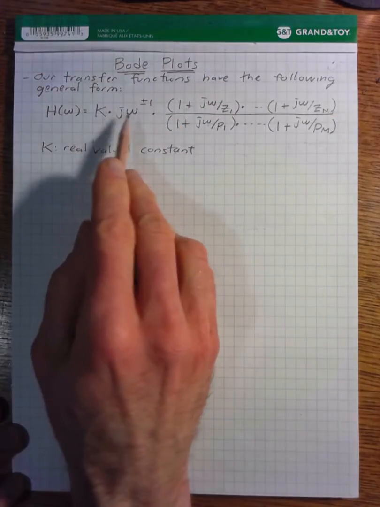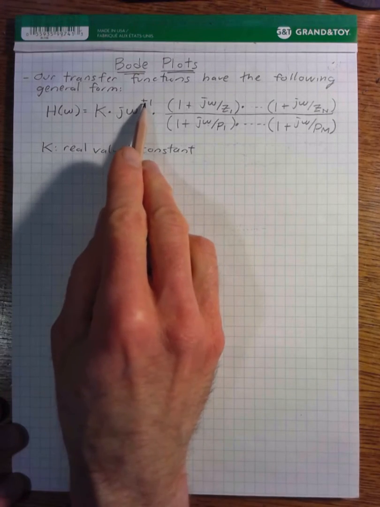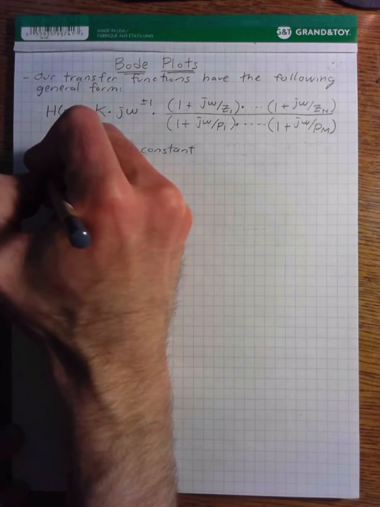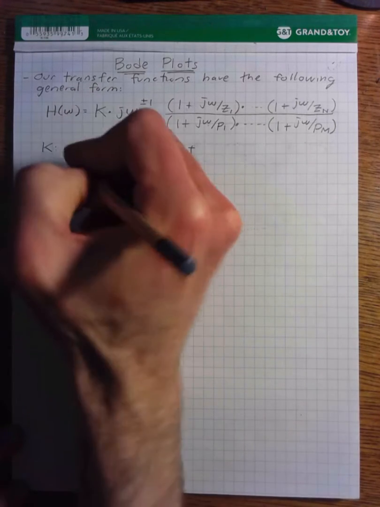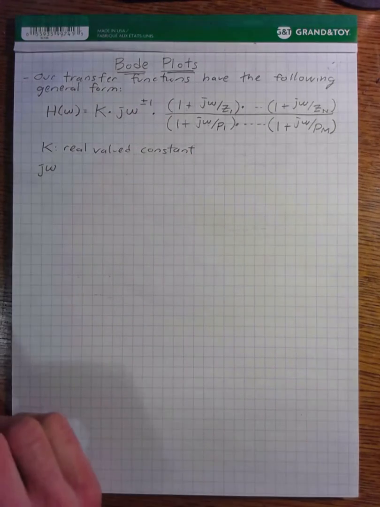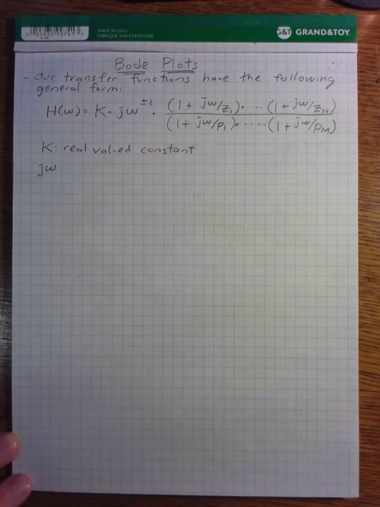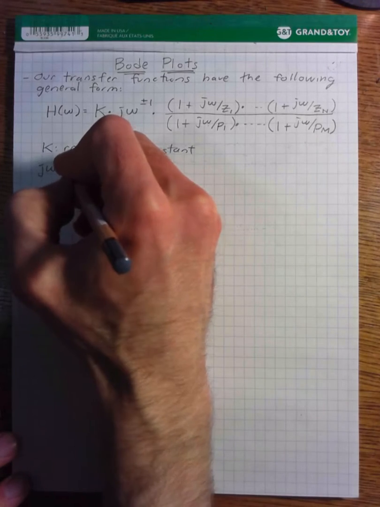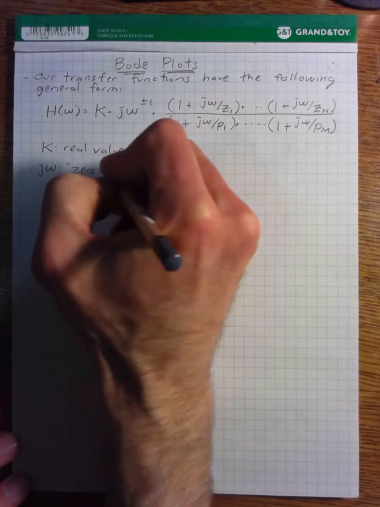We then have a j omega term that can either have an exponent of +1 or -1. So in other words, if j omega has an exponent of +1, it's on the numerator of our transfer function. And we call this term a zero at the origin.